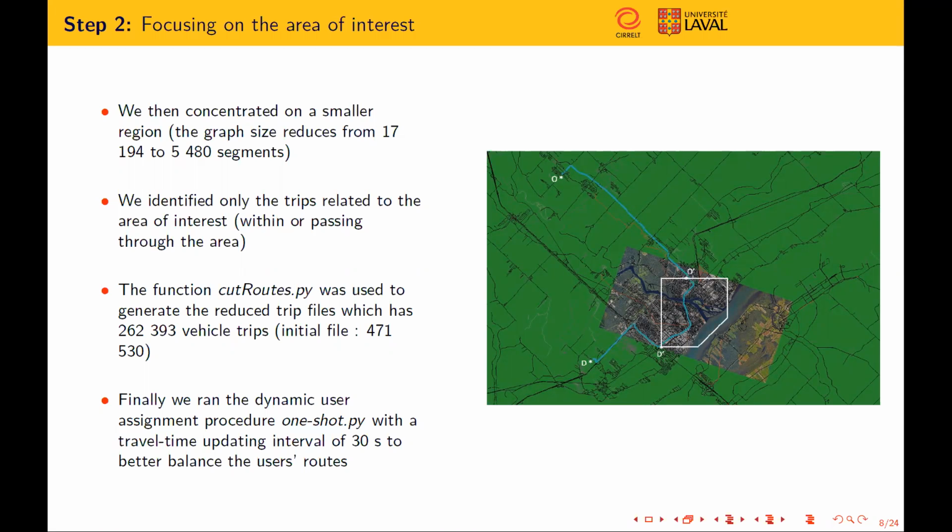So we have to intercept each trip. And for doing this, we use the cut routes function to produce a reduced trip file. And now we have 262,000 vehicle trips. And finally, we run the dynamic user assignment procedure one shot to balance these user routes.